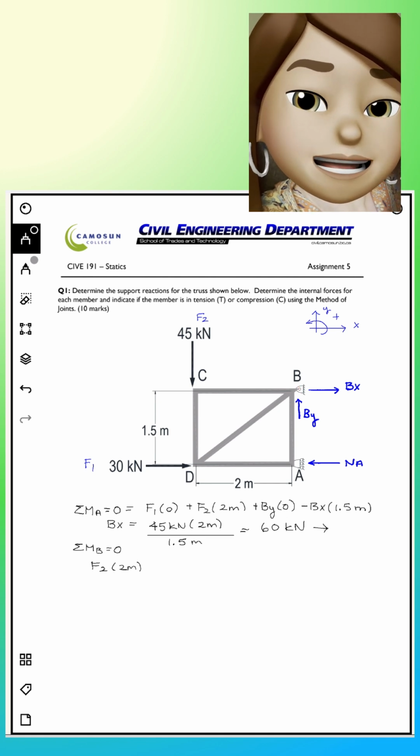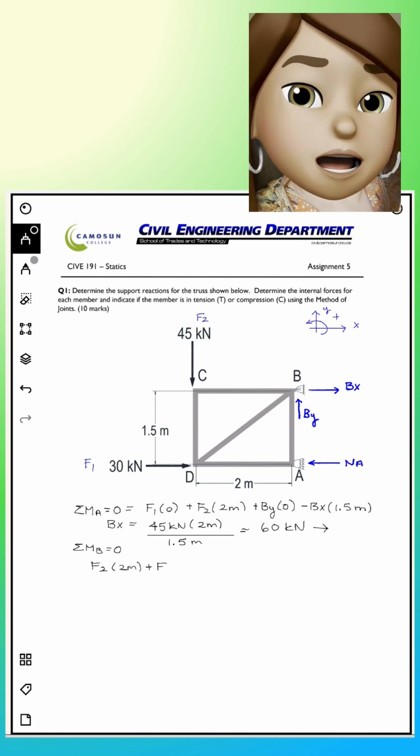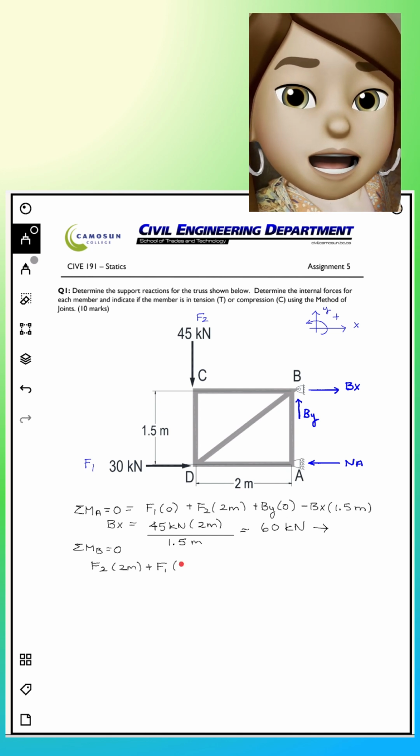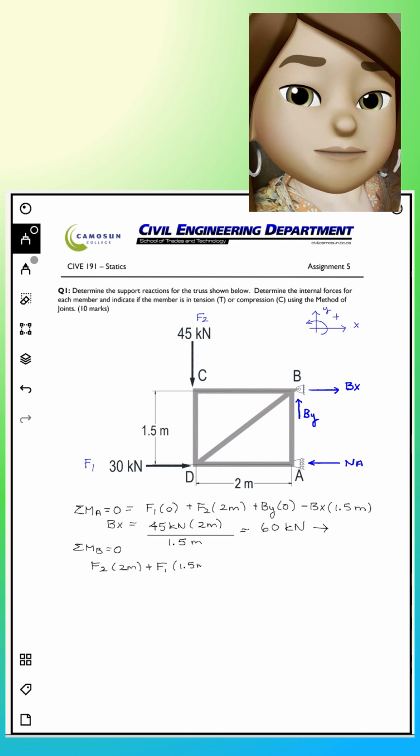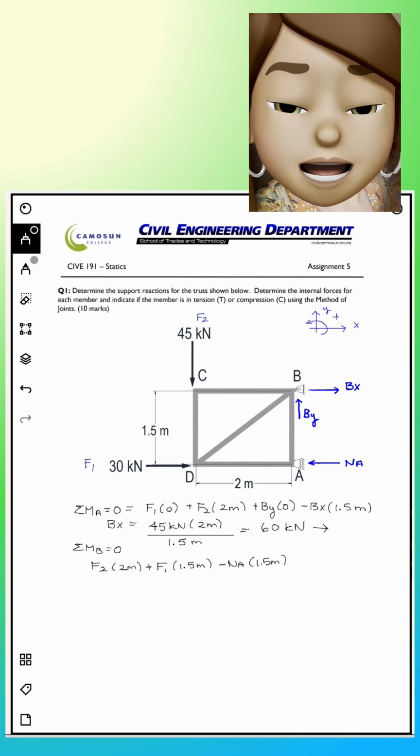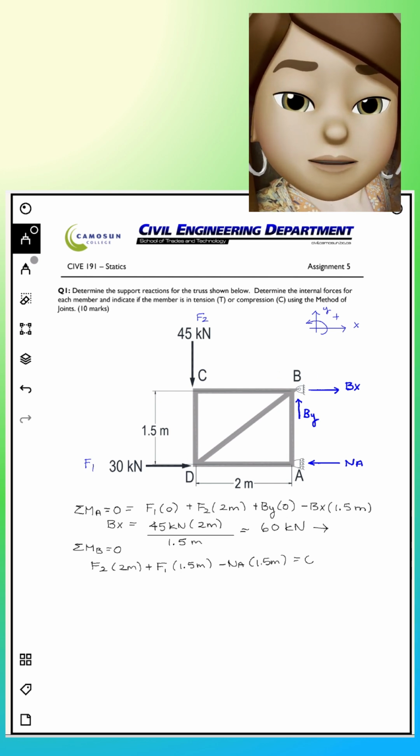Then we got the F1 causing a positive rotation as well at a moment arm of 1.5. And then we've got that NA. I've assumed it's going to the left, so causing that negative rotation. No moment arms for that BX, BY. Everything in equilibrium, everything equal to 0.